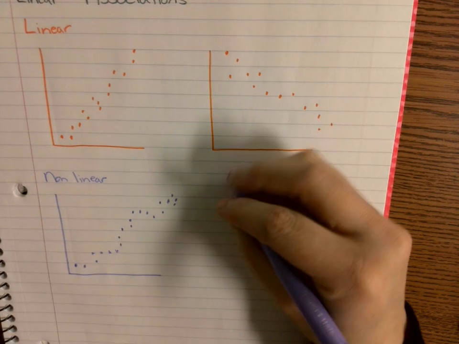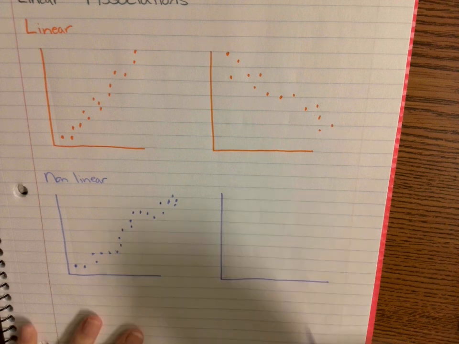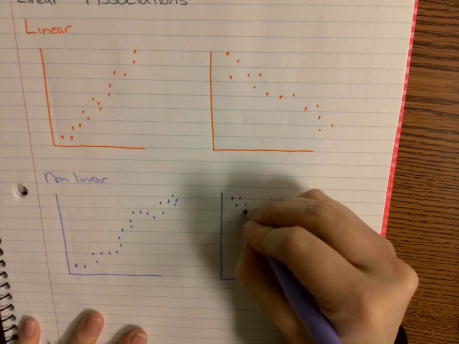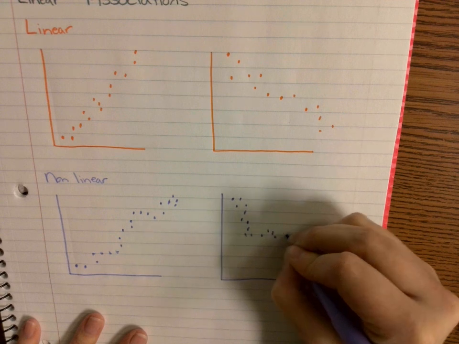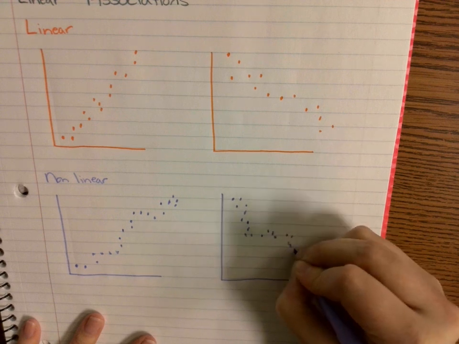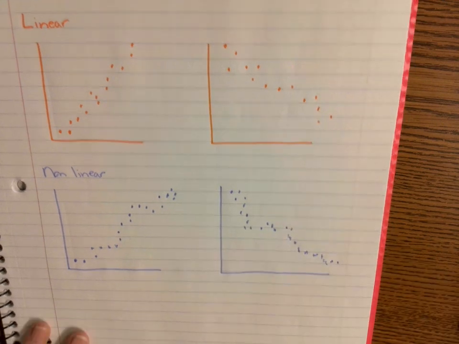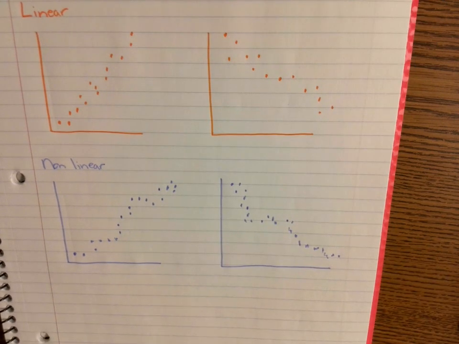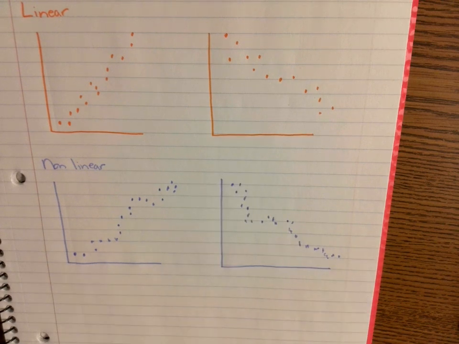And then a negative nonlinear. So if it looks like it has any kind of curving that's happening, then that is going to be nonlinear.